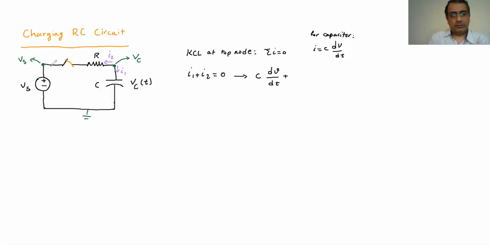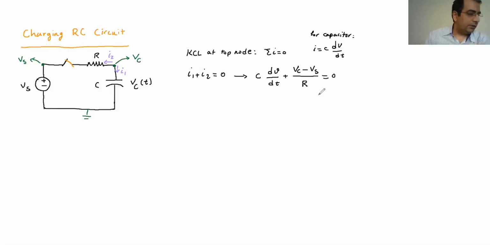So I2 is the voltage at the start minus the voltage at the end divided by the resistor. That's what we have in the node voltage method. So I2 is going to be VC, the voltage at the start, minus the voltage at the end, Vs, divided by R.